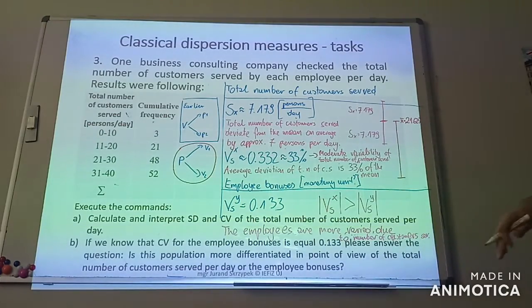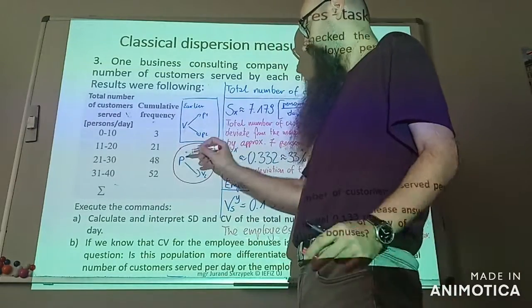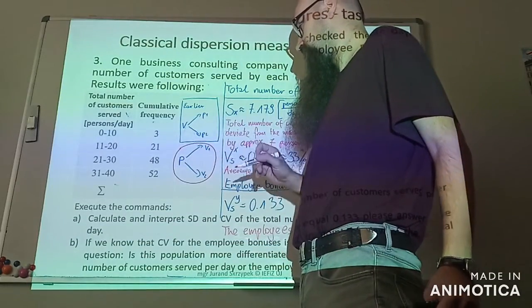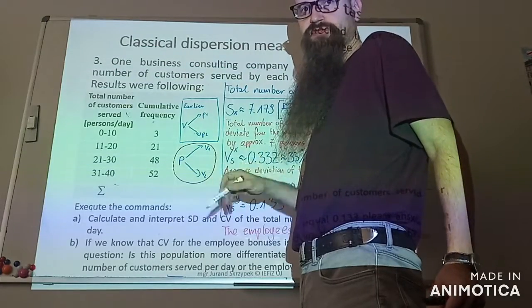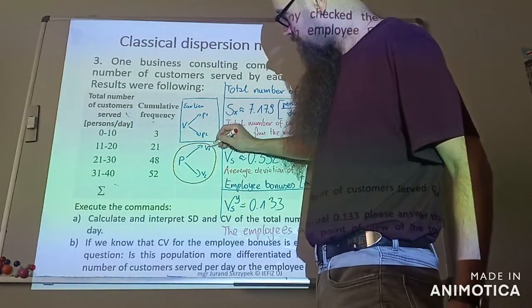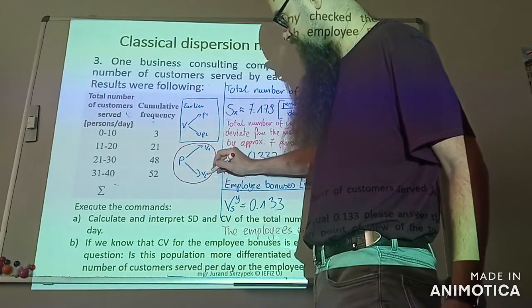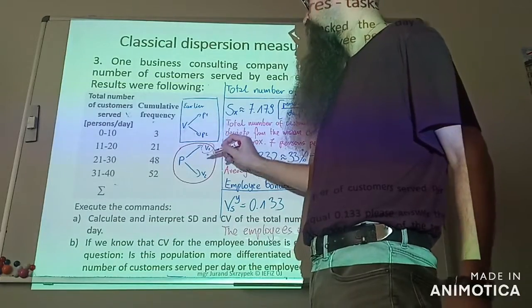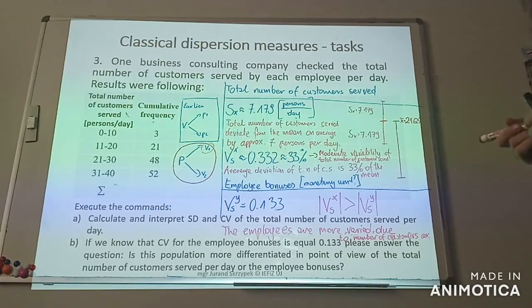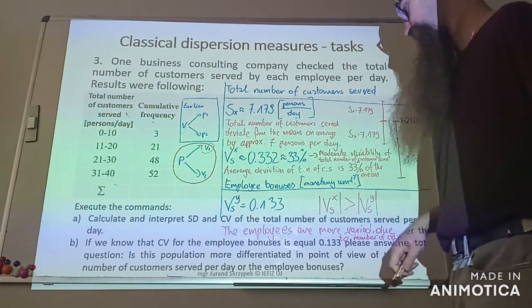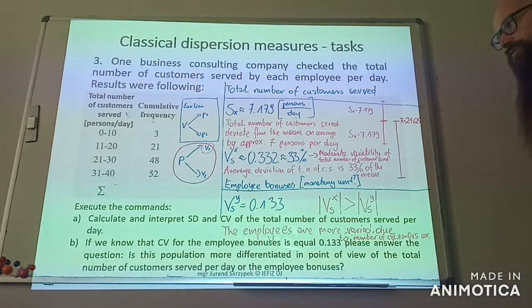Yeah. So in this situation, we talk about the one population which is characterized by two variables, two features, two attributes. Total number of customers served and the employee bonuses. And we know that this population is more differentiated in point of view of the total number of customers served. Yeah.